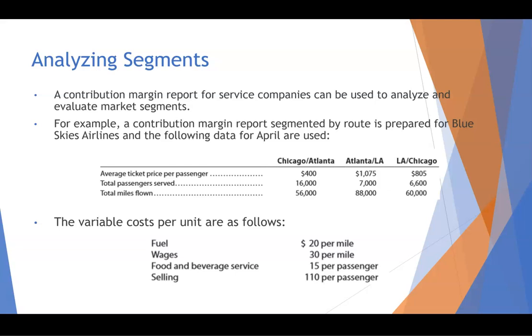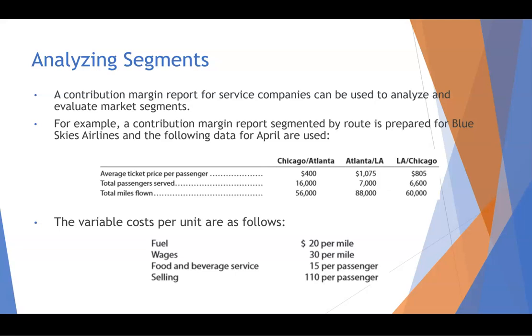A contribution margin report segmented by route for the airline might show the various routes and the price per ticket. Here we've got the various routes, the Chicago-Atlanta or Atlanta-LA or LA-Chicago. And we see our various price, number of passengers that were served, and the miles flown.